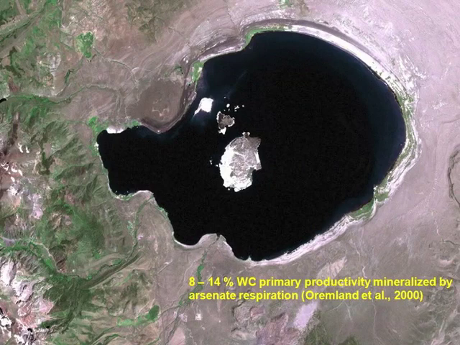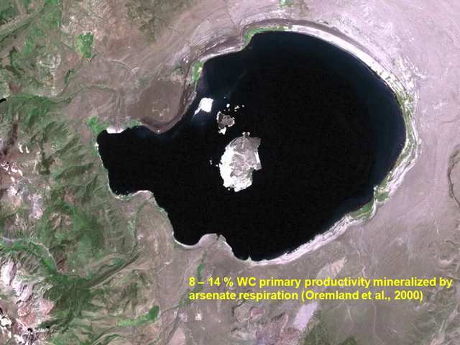And in 2000, Ron estimated that up to 8 to 14% of the total primary productivity in the lake could be mineralized by arsenate respiration, based on the arsenic respiration rates that they were measuring in the water column, the amount of arsenic that's present in the lake, and the estimated productivity in the lake. In other words, they're saying that arsenic cycling is an important component of the overall carbon cycle in the lake.